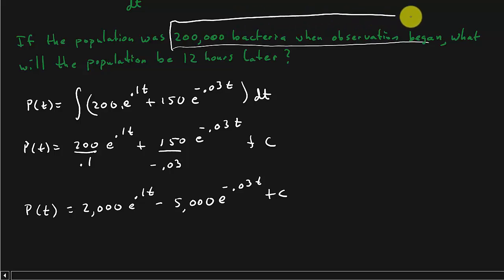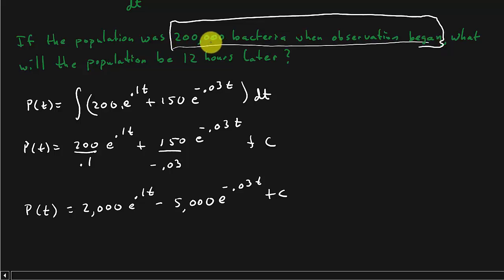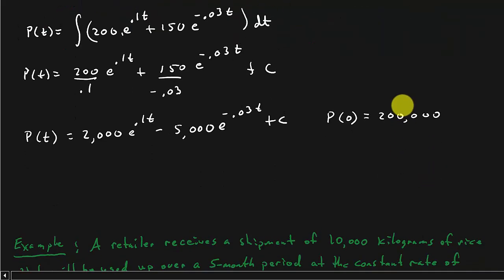Well, what does this right here tell me? When the observation began, t represents time, so when t equals 0, the population was 200,000. So that's telling me that if I evaluate P at 0, I should get 200,000 as an answer.